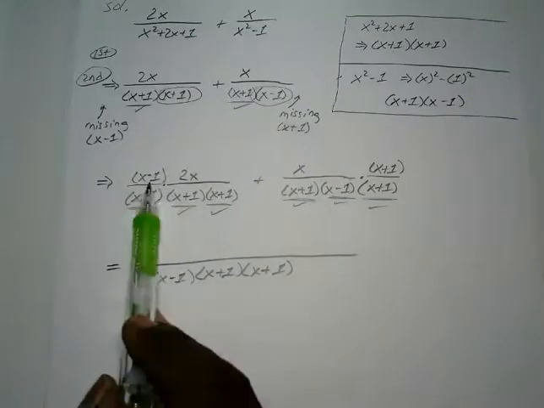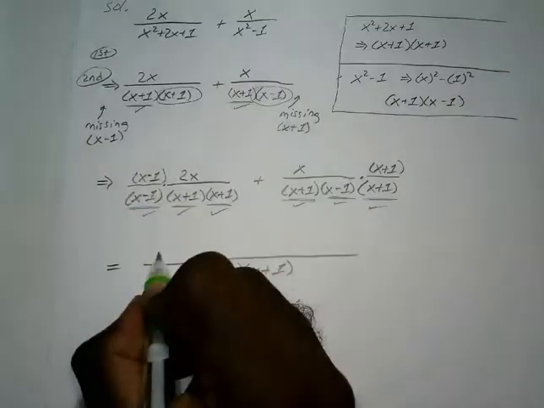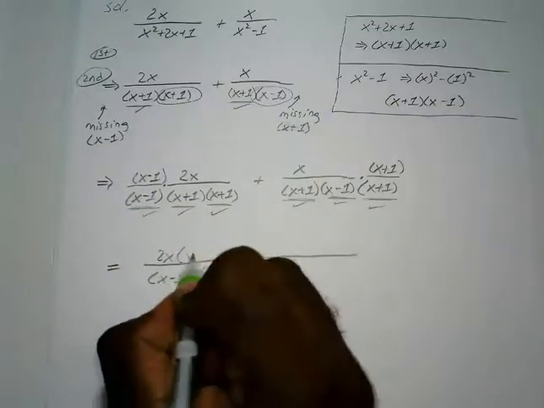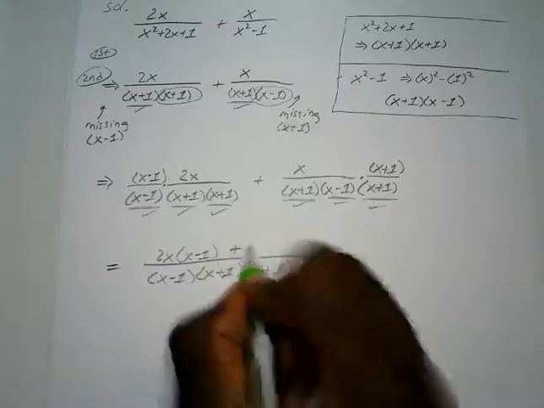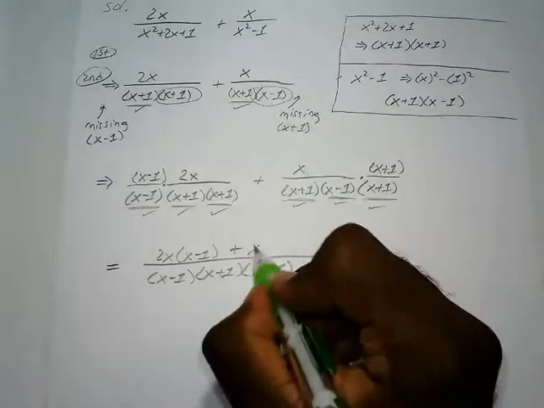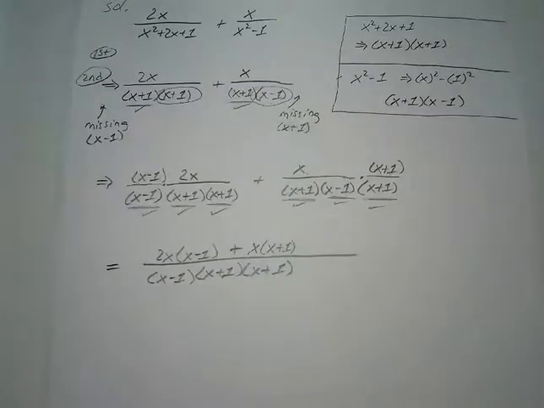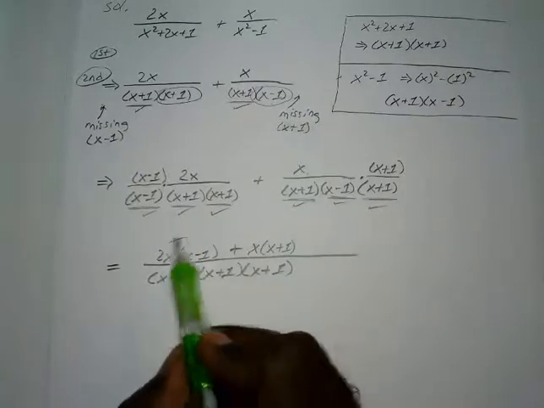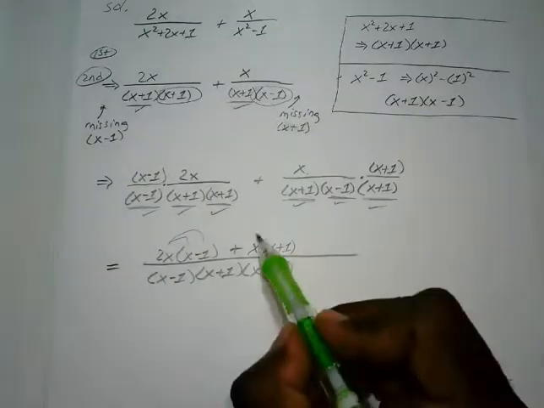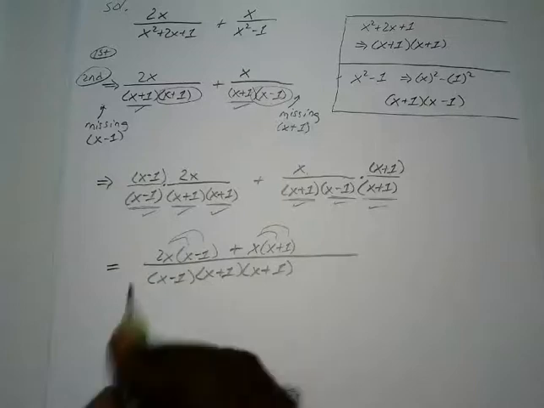Okay, so now all we have to do is add our numerators. So you have 2x times x minus 1 plus x times x plus 1. As soon as we distribute our 2x, and then we're going to distribute our x. 2x times x is 2x squared.